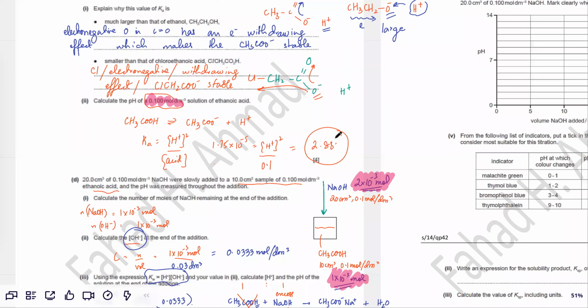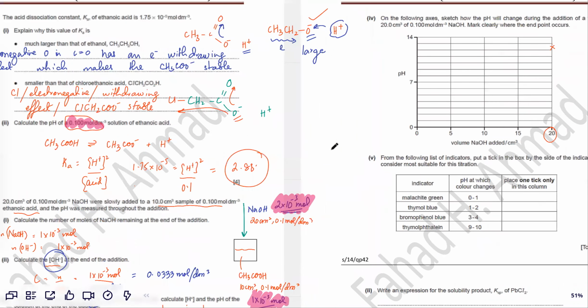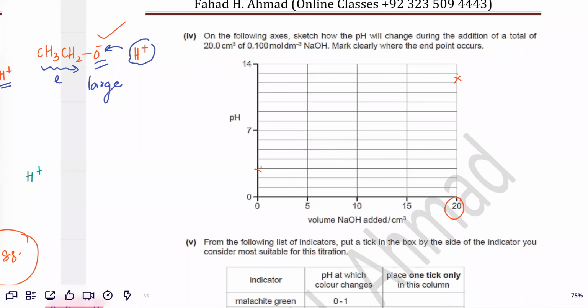When there was only acid present, the pH was 2.88, right? So this one is 2.88. That's your starting pH when you did not add any NaOH, and when you've added the whole NaOH, that's your final pH. Is this clear so far?